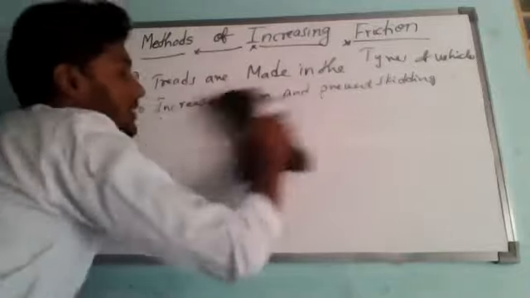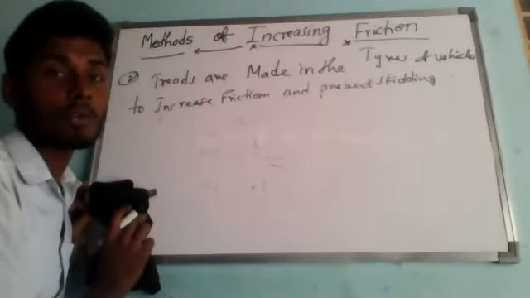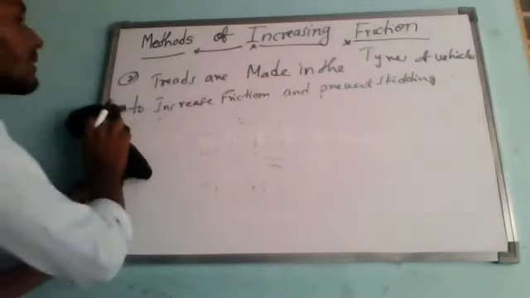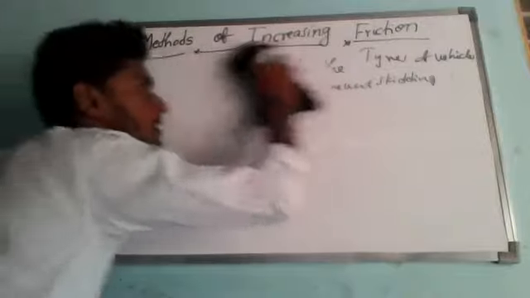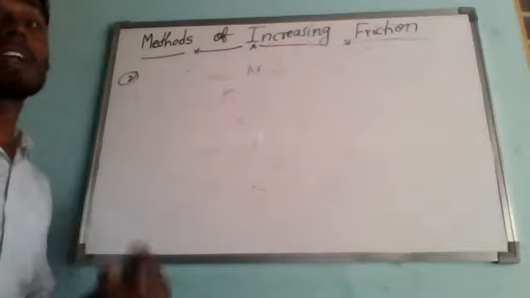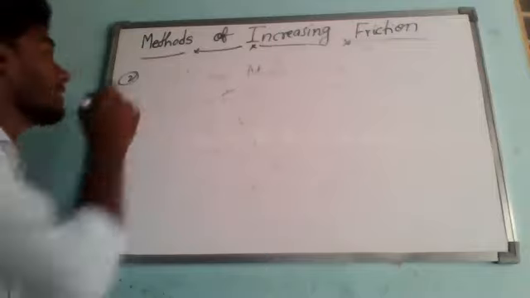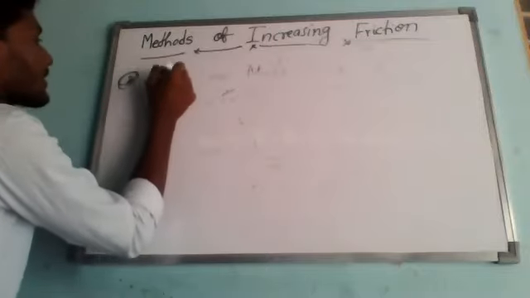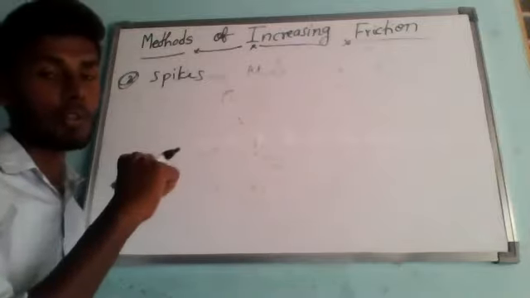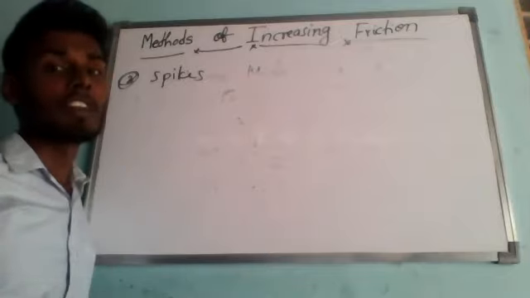How can we increase the friction? Spikes are provided in the soles of shoes of players and athletes to increase friction and prevent slipping. So that is our heading; note it down, I am saying it very slowly. Spikes are an extra fitting for the shoes of any kind of players or athletes to increase friction and prevent slipping.